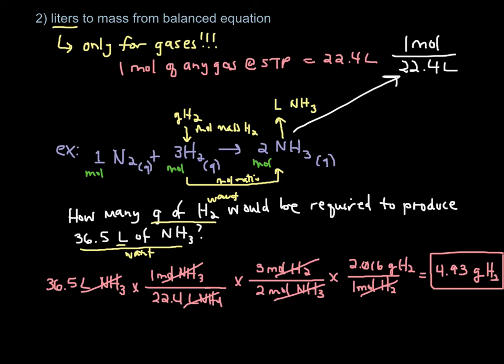So now I could actually go into a lab and produce 36.5 liters of NH3 using this reaction by measuring out 4.93 grams of H2 and a whole bunch of N2, right? We want excess N2 so we don't run out, and just react until the H2 runs out, and I should be able to collect 36.5 liters of NH3.